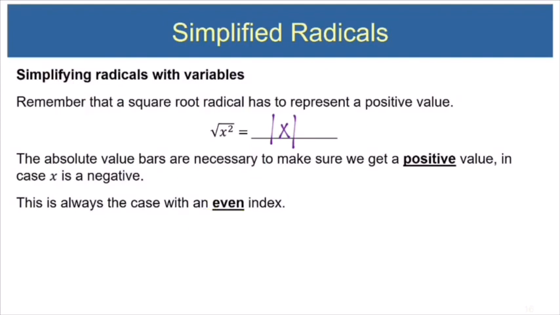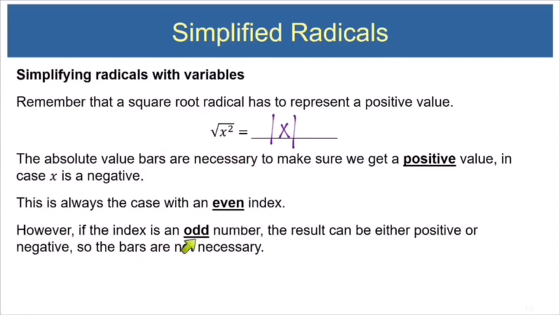So if you're doing square root, fourth root, sixth root, this absolute value thing is always going to come up. We have to make sure that an even index radical always represents a positive number. But if the index is odd, like if you're doing third root, fifth root, etc., then the result can be either positive or negative, so in that case we would not want the bars.